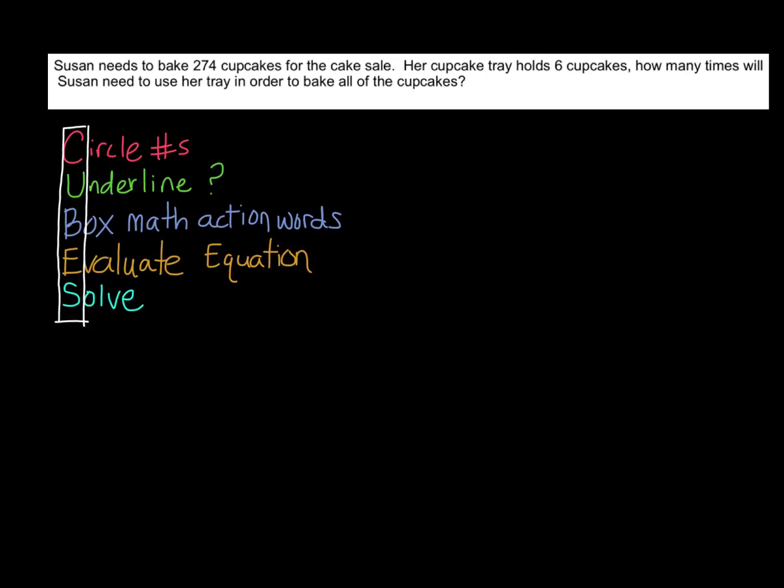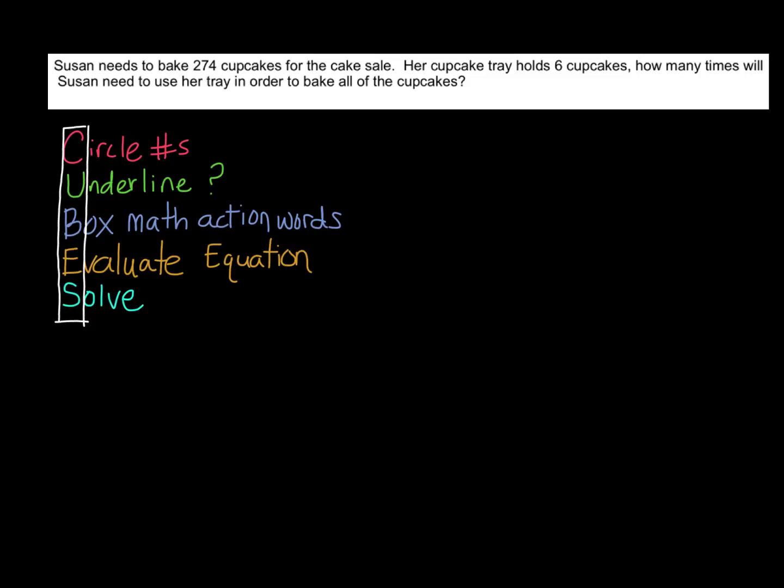This last problem is: Susan needs to bake 274 cupcakes for the cake sale. Her cupcake tray holds 6 cupcakes. It means she can bake 6 cupcakes at a time. How many times will Susan need to use her tray in order to bake all of the cupcakes?